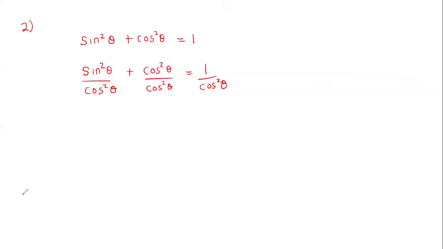Now, you remember, when we are starting, we say that when I have sine theta divided by cos theta, this is the same as tan theta. Now members, if I have sine squared theta out of cos squared theta, this is the same thing as tan squared theta.